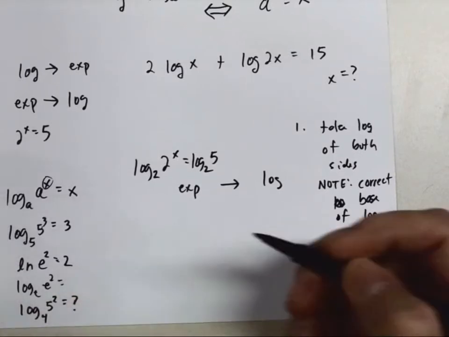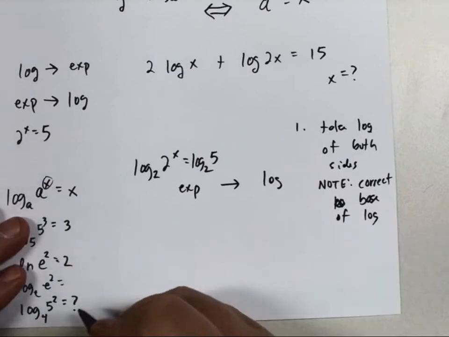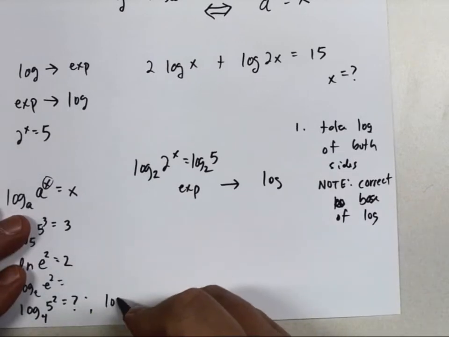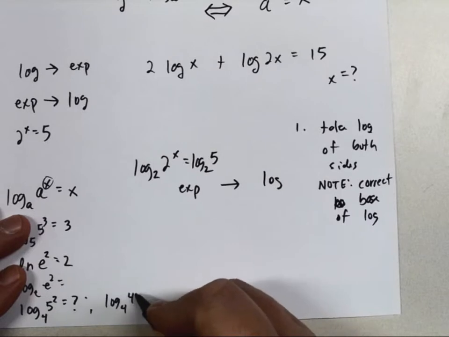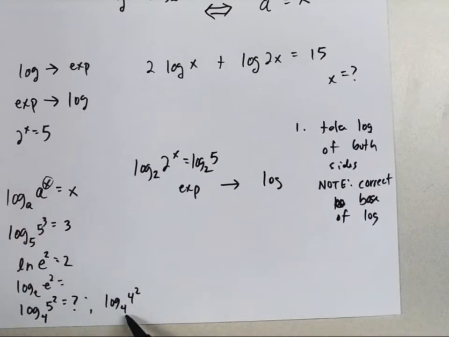So I don't know what this is. However, if it was log base 4 of 4 squared, now the base of my log and the base of my exponent are the same, and it's 2. So that's a very important rule about logs.